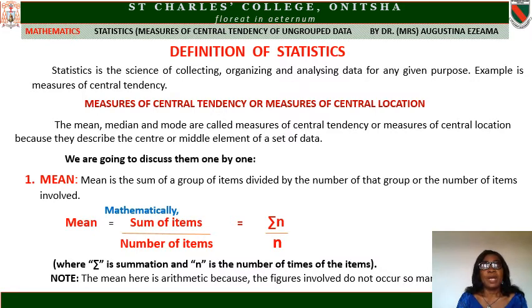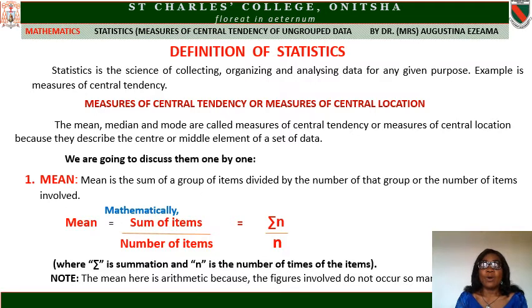Mean. Mean is the sum of a group of items divided by the number of items involved. Mathematically, mean is equal to the sum of items over the number of items.